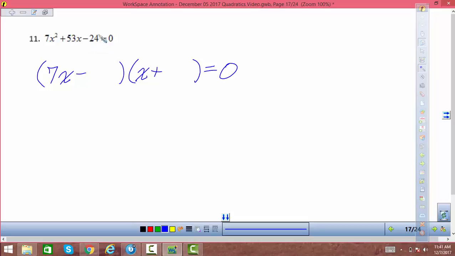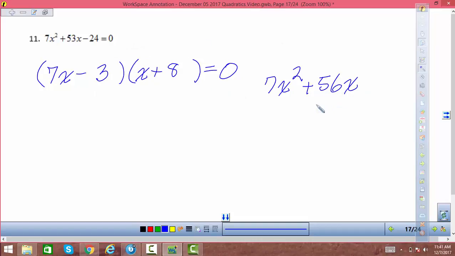So to get negative 24, there's several different ways I can do that. I can go 6 times 4, 3 times 8. So I'm going to try 8 and 3. So 7x times x is 7x squared. 7x times 8 is 56x.